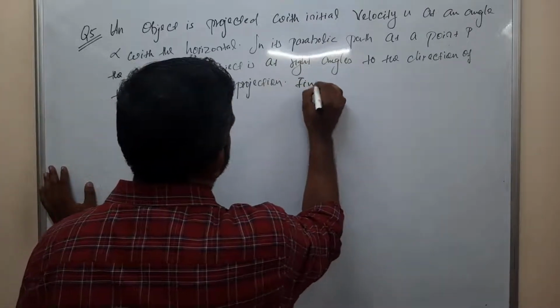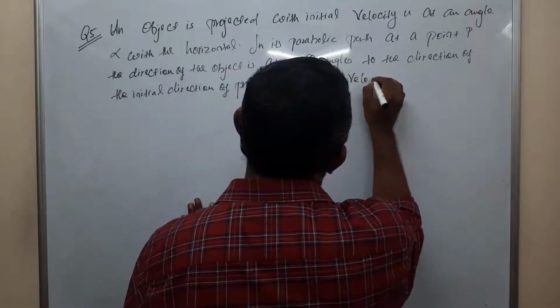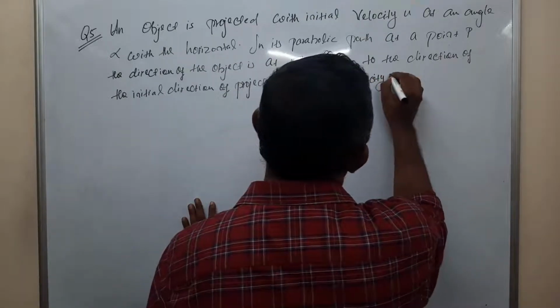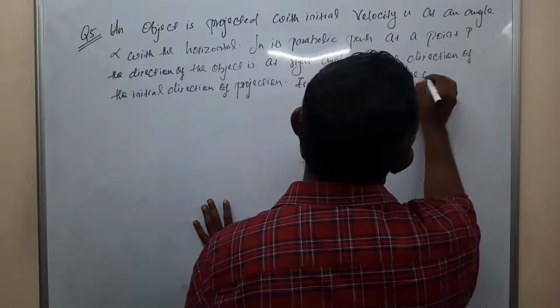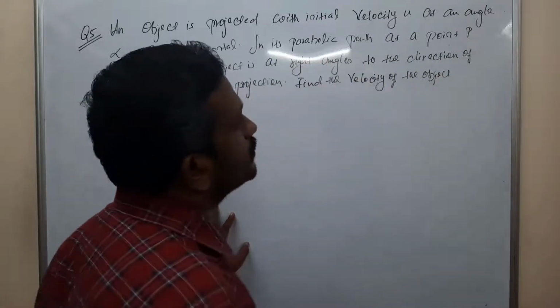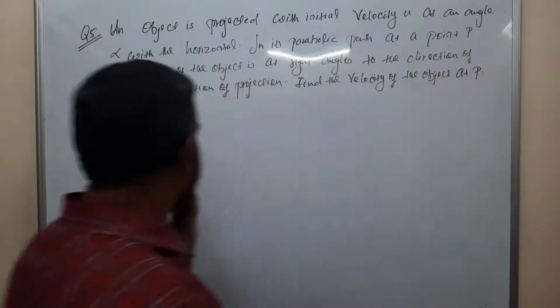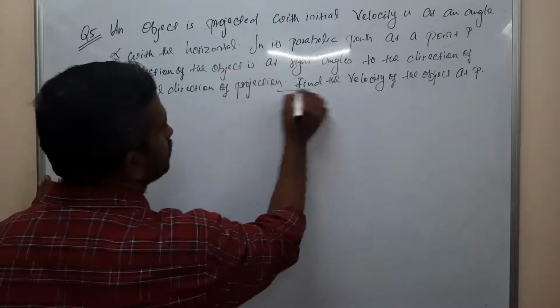Find the velocity of the object at P. Okay, so this is the question.